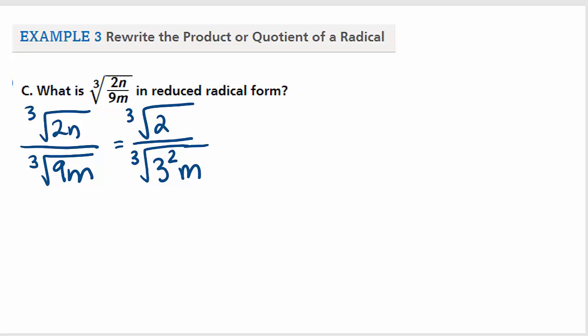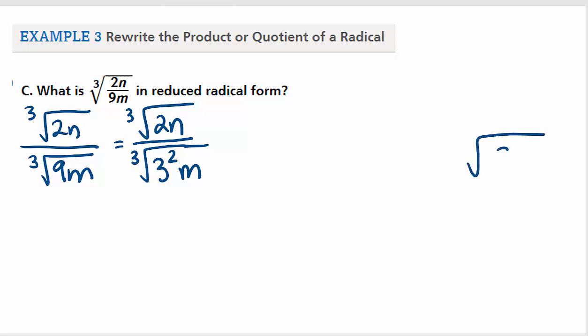The reason I did that was to show you that we need another 3 in the denominator and 2 more m's in the denominator. The reason we need another 3 and 2 more m's is that then we would have 3 3's and 3 m's.